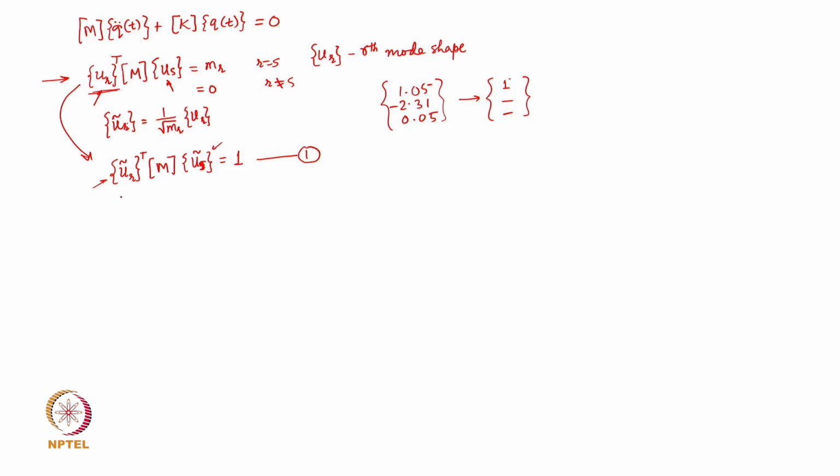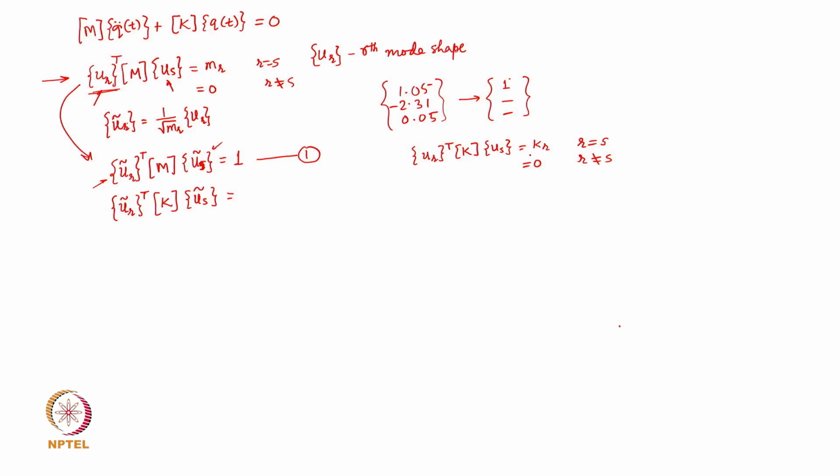Now, on similar lines I can do it for the stiffness matrix. So, now if I use the mass normalized modal vectors, so ur tilde transpose into k into us tilde will be how much? You recall that our equation was ur transpose k us was kr when r is equal to s, okay, and was equal to 0 when r was not equal to s.